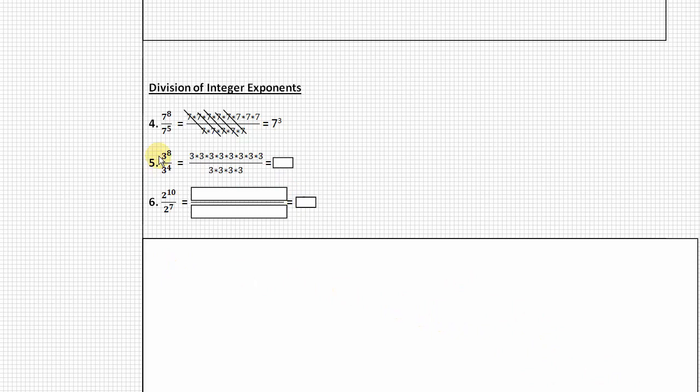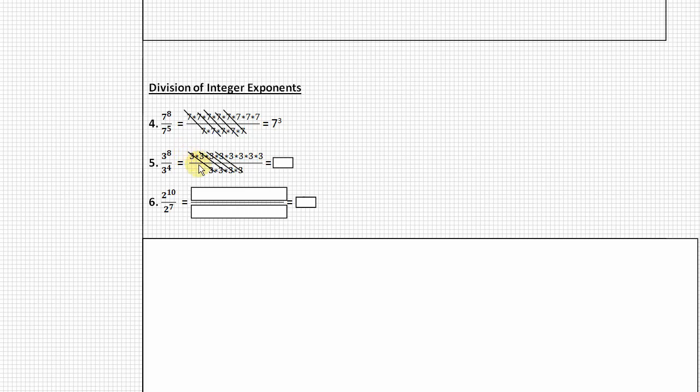So when we expand this problem out, 3 to the 8th power is 3 multiplied by itself 8 times, and 3 to the 4th power is 3 multiplied by itself 4 times. Now we start to look for what pairs of numbers in the numerator and denominator we can cancel out. And it looks like we should be able to cancel out 4 pairs.